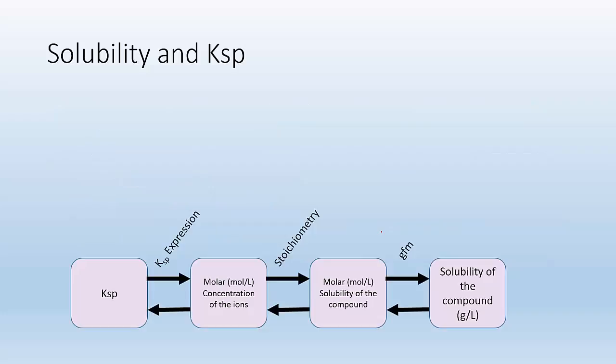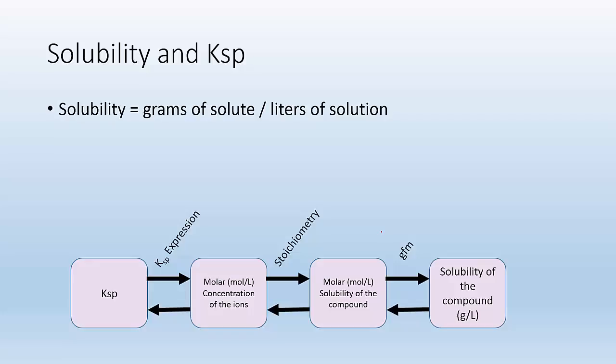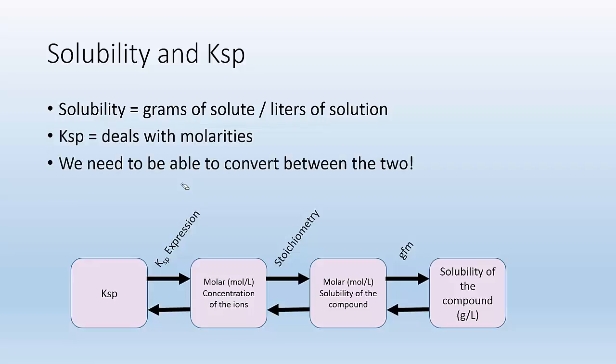All right, so solubility and KSP. Solubility is different than molar solubility. Solubility is typically given as grams per liter of solution. So it's using grams instead of moles per liter of solution. KSP deals with molarities, so we need to be able to convert between the two.